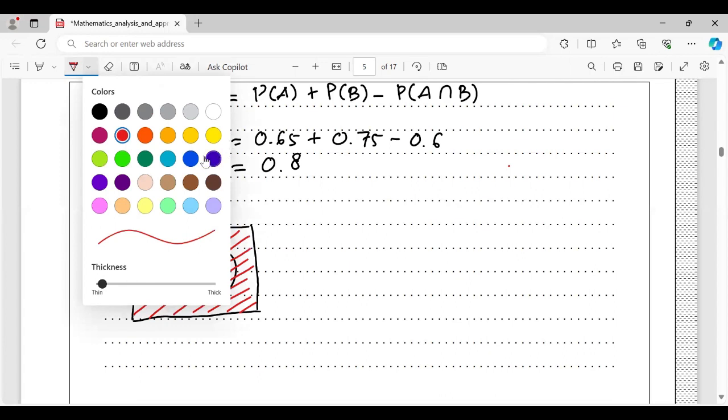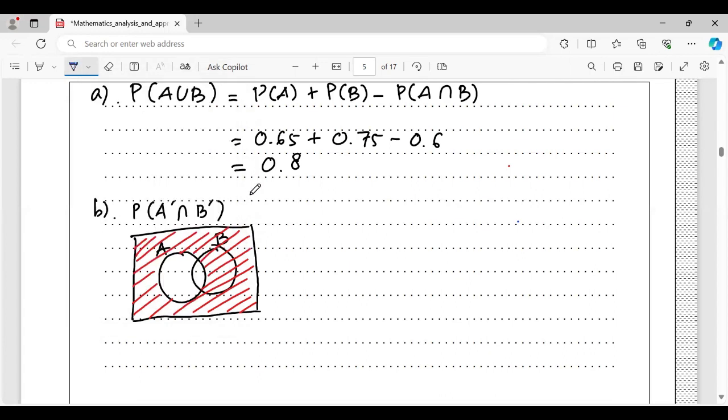I'm going to use this color. Non-B, it means this, non-B. All right. So, which area has double shading? That is the area of non-A intersection non-B.